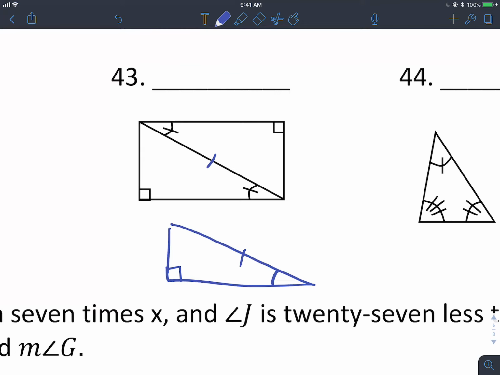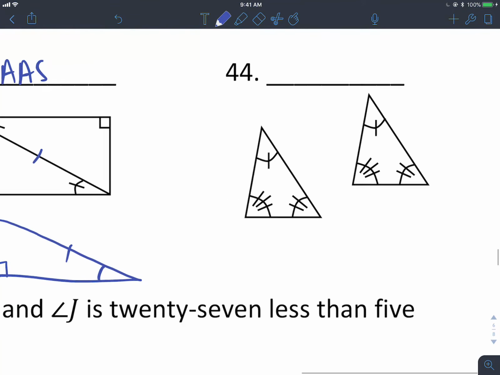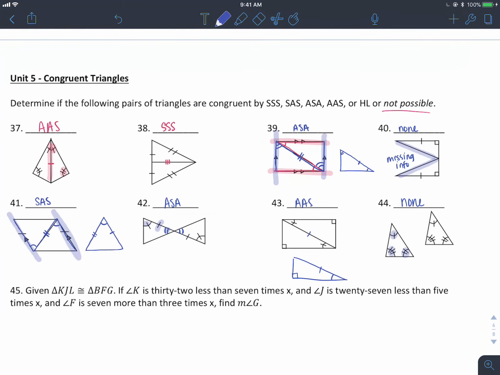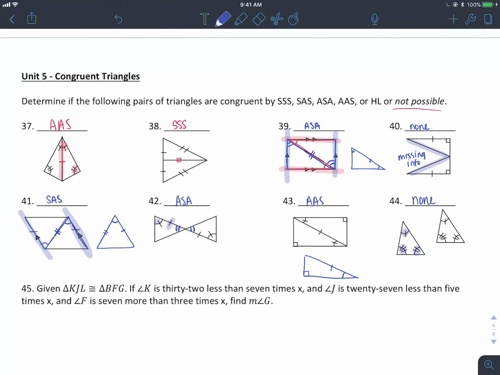So this one is going to be angle, angle, side. All right, last one, 44. We have angle, angle, angle. There's no such thing as angle, angle, angle. So this is none. So those are your 8 answers for your congruent triangles.